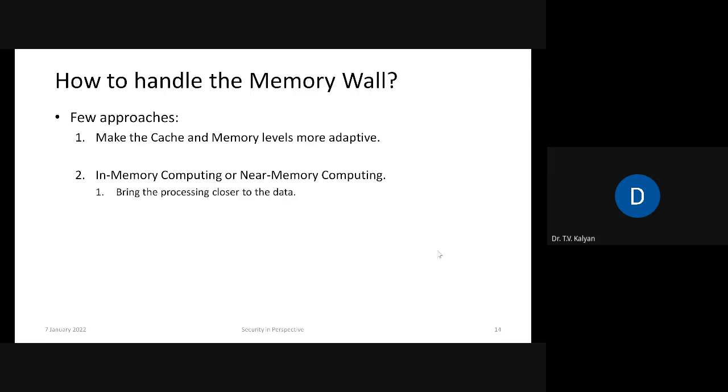So that's where the notion of near memory computing has come. Also, the other way of looking at it is we can do some computation within the memory module itself, right? That is in-memory computing. And there are a lot of accelerators that were developed with this approach.